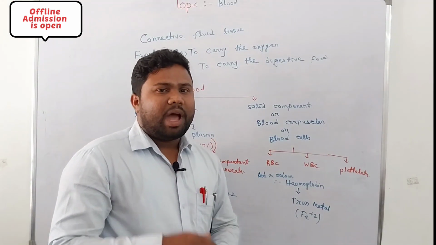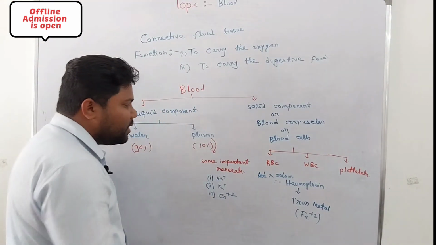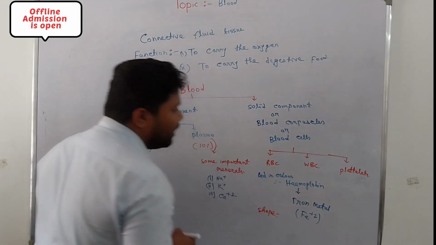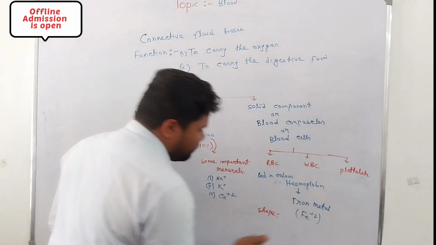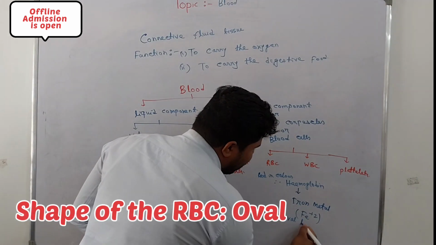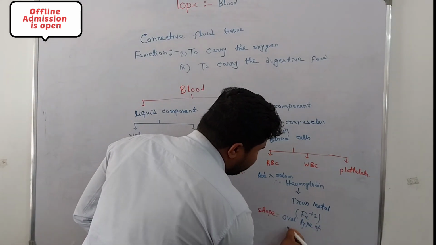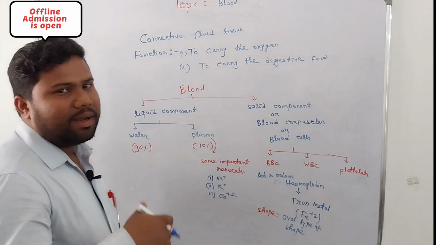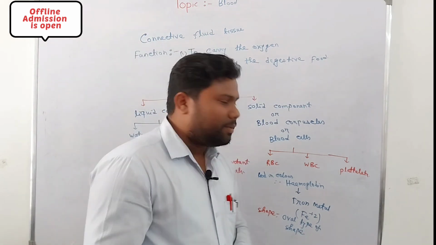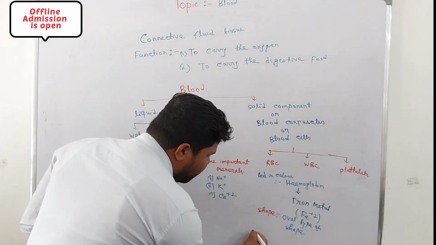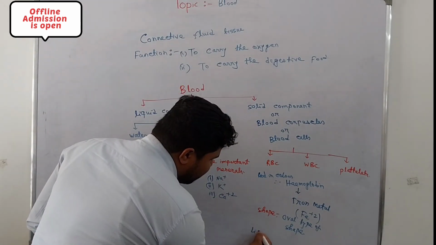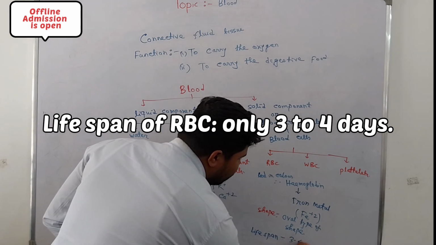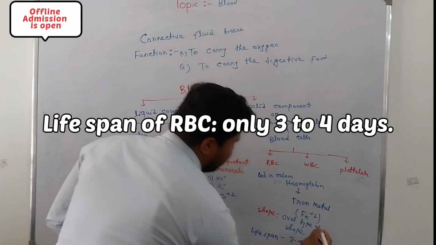One more thing I would like to say: what is the shape of the RBC? Shape means the structure. The shape of the RBC is oval. And what is the lifespan of the RBC? Its lifespan is only 3 to 4 days.